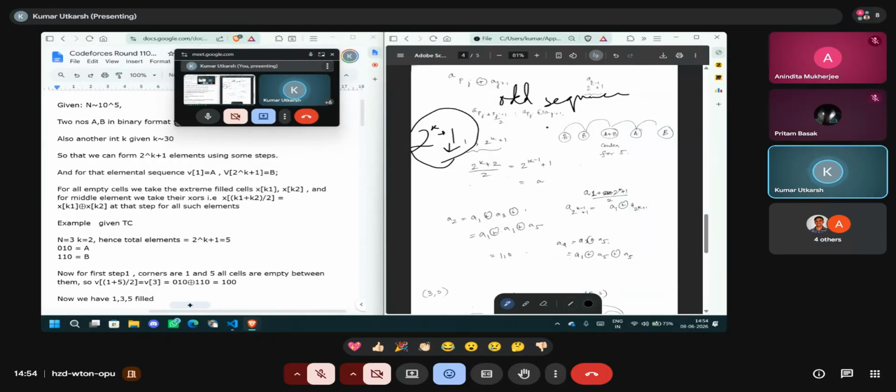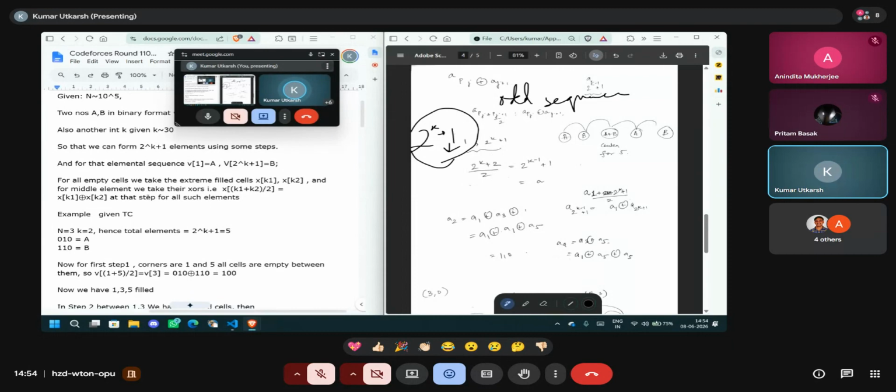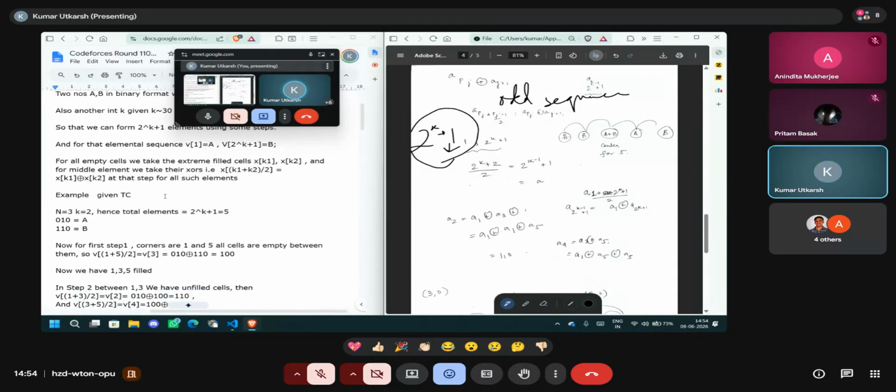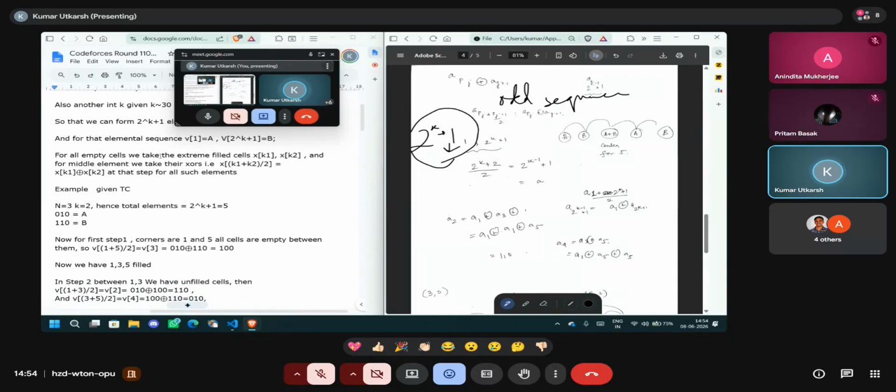You don't have to worry much about it. We take 2^k plus 1 so that we always get a center point, and we are never confused if there are two middle points. For any empty cells between the extreme filled cells, let us consider these are the filled cells. We have already taken 2 to the power k plus 1.